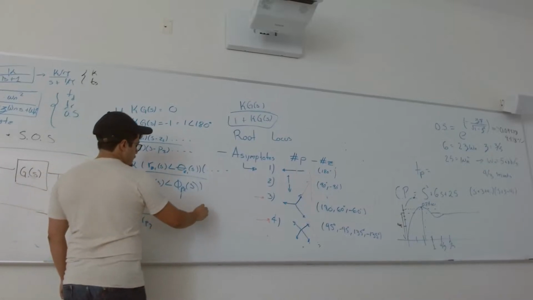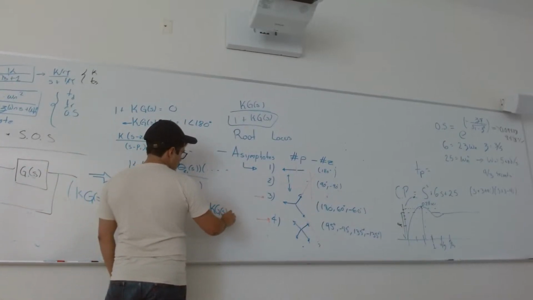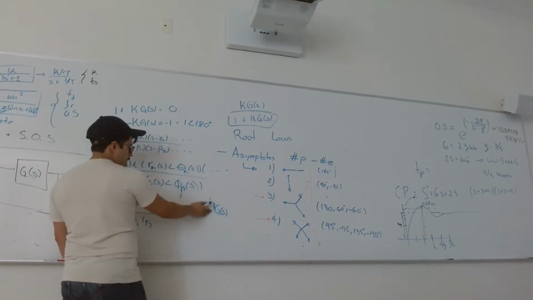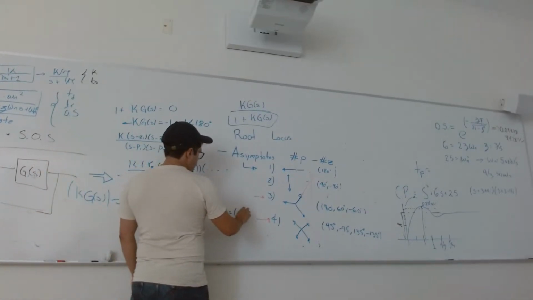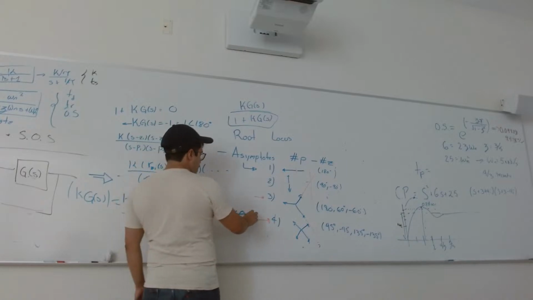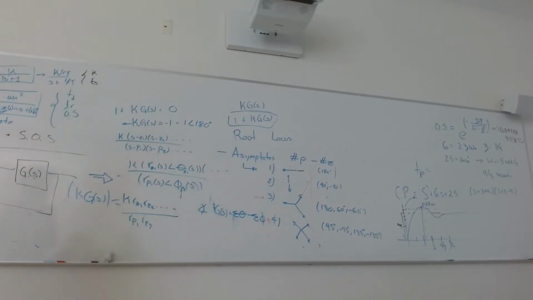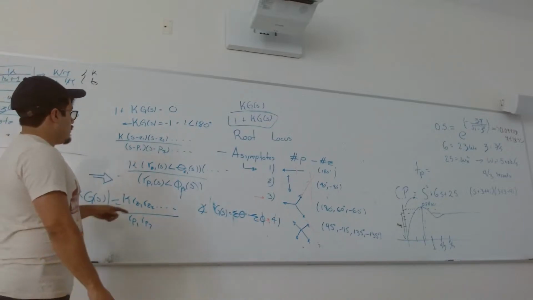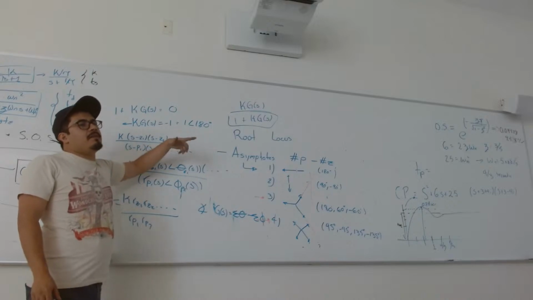And the phase, of k of s, which doesn't matter because k is constant, is going to be the sum of all the zero angles theta minus the sum of all the pole angles theta. And where does the minus relate? That has to be minus 180, or 180. It's the same angle.